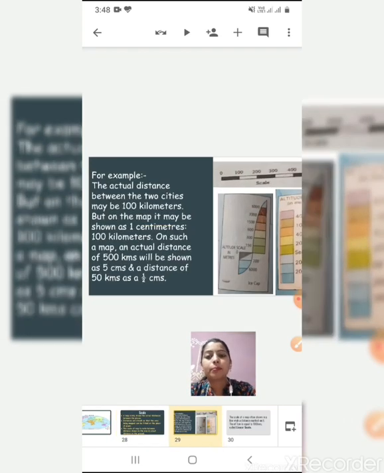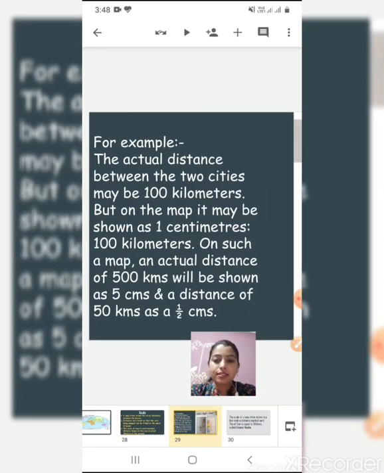See, for example, the actual distance between two cities may be 100 kilometers, but on the map it is shown as 1 centimeter. That is, 1 centimeter is equal to 100 kilometers. On such a map, an actual distance of 500 kilometers will be shown as 5 centimeters and a distance of 50 kilometers as half a centimeter.